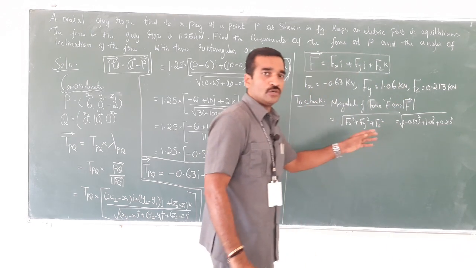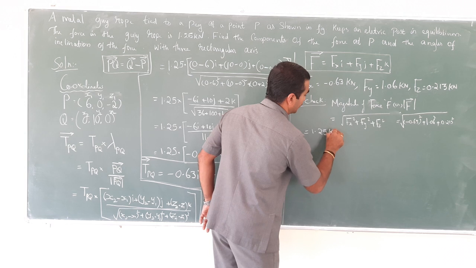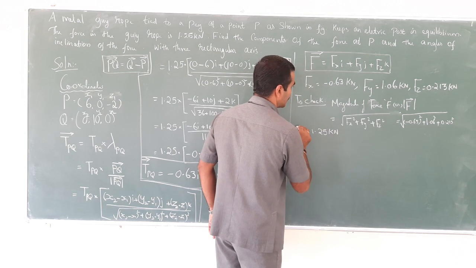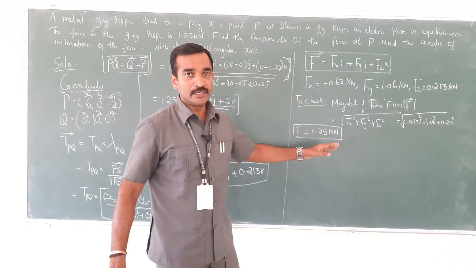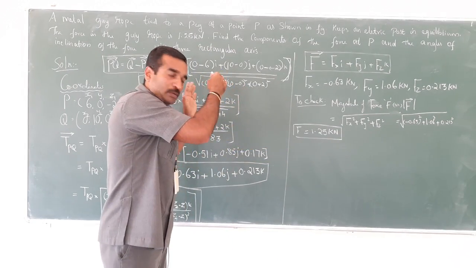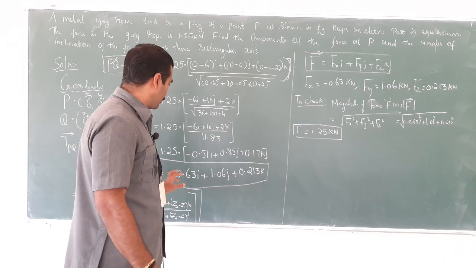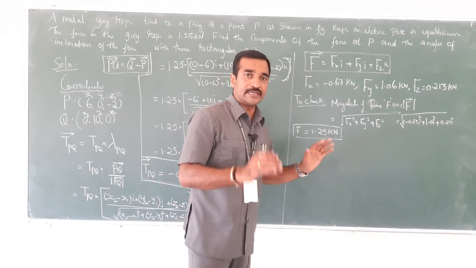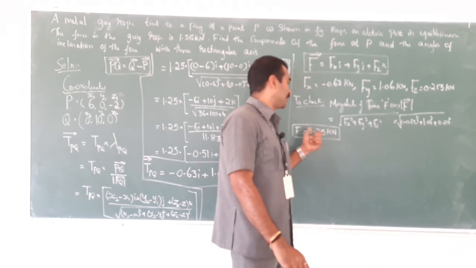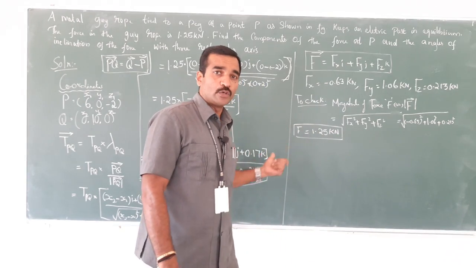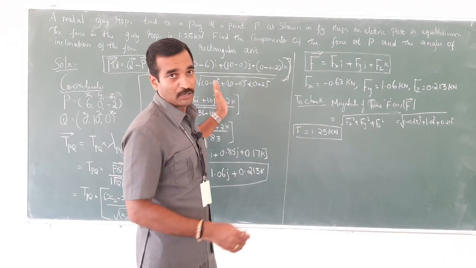If you do so, you will get the value 1.25 kilonewton. That is F. If you get 1.25, you have proceeded in the right manner and arrived at the correct values of F_x, F_y, F_z. If you have not got this 1.25, then you would have made some mistakes in this problem.